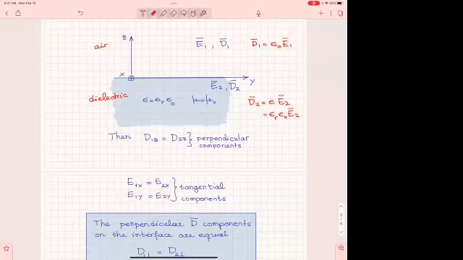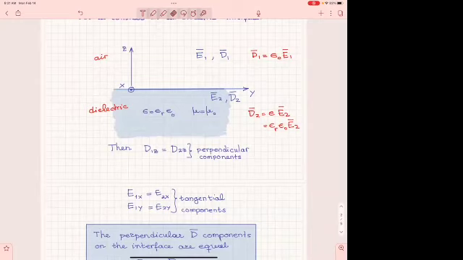Okay. Now, when we have a planar interface, as you can see, I have attached to it the Cartesian coordinate system. X comes out of the wall, Y goes to the right, and then Z goes upward to create a positively defined, or counterclockwise defined, coordinate system.